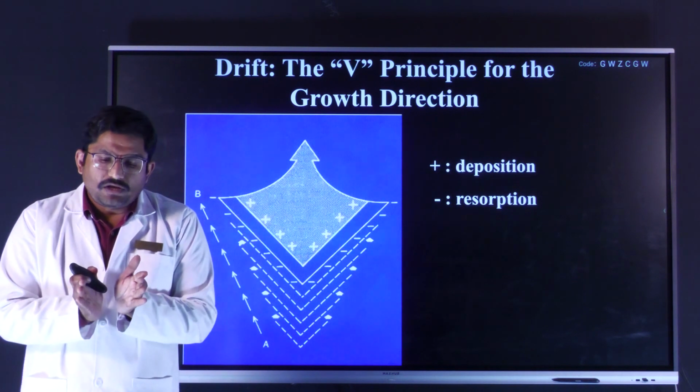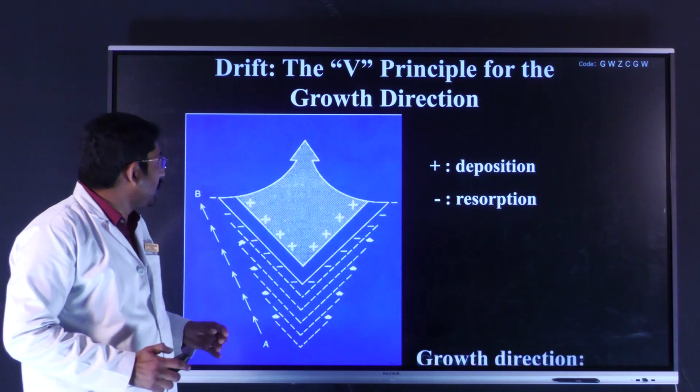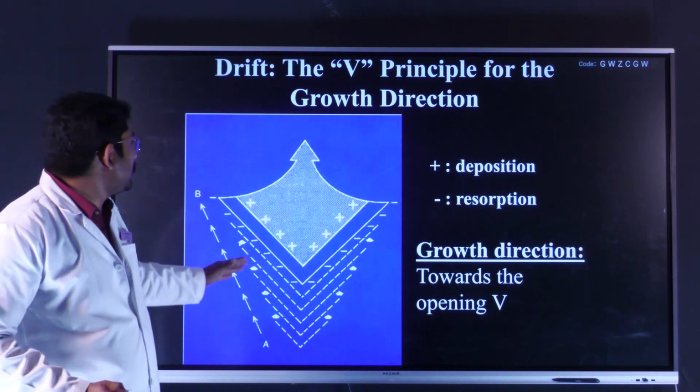As we grow, the bones become wider and wider, and the spaces become wider and wider. So Enlow's growth direction is always towards the opening of the V.